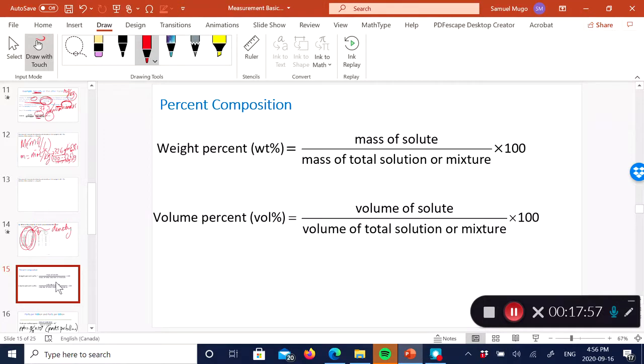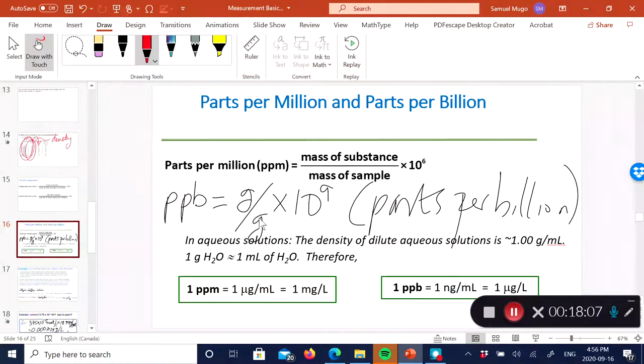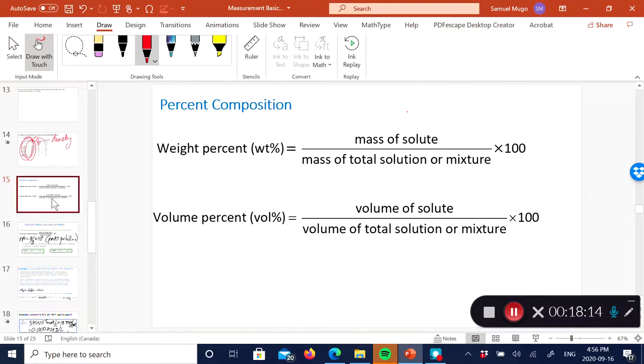As I've said before, sometimes you're dealing with very, very small concentrations. And so sometimes we use terms such as parts per million. Now remember previously, if I have this ratio and multiply it by 100, that's percent composition.